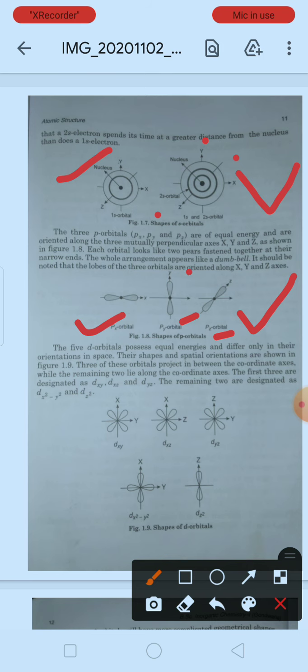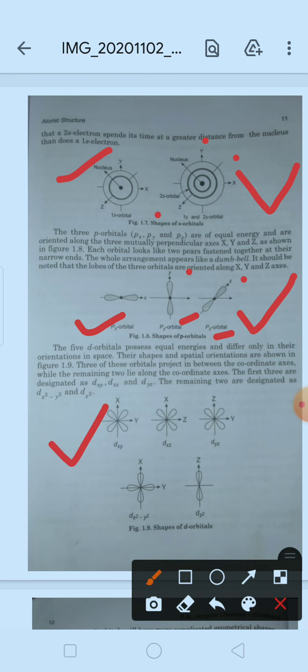In the second one, it is on the y-axis, so it is the py orbital. And in the third one, the lobes are on the z-axis, the energy distribution is on the z-axis, so it is the pz orbital. In this way, the p orbital is divided into three orbitals: px, py and pz.